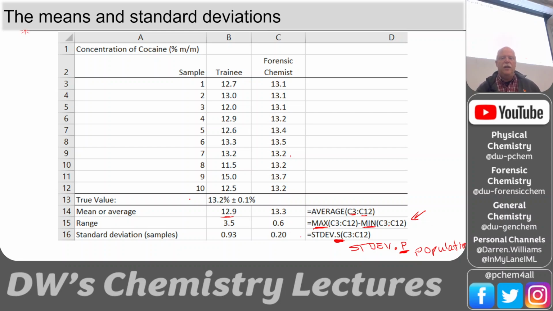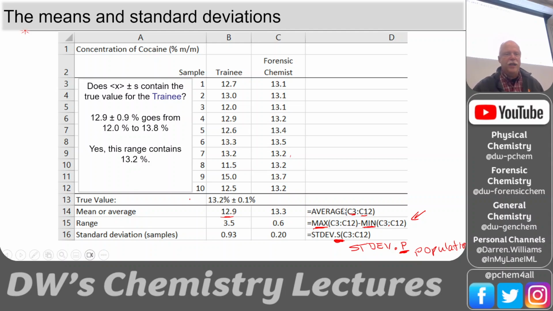So we're using the divide by n-1 version of the standard deviation, and Excel has that formula built in. So you don't have to take the differences and square them and add them together and divide by n-1, take the square root, and then you've got the standard deviation. Excel has that for you. But you have to pay attention to the .S or the .P. So if you have more than 14 samples, then you would use the .P. Okay.